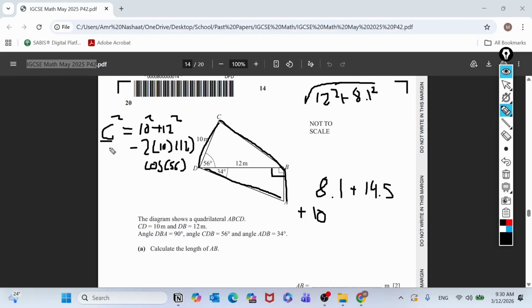Shift solve to get c, or you can just get the answer for this and square root it. You're going to get 10.47 for BC. We'll just say 10.5.